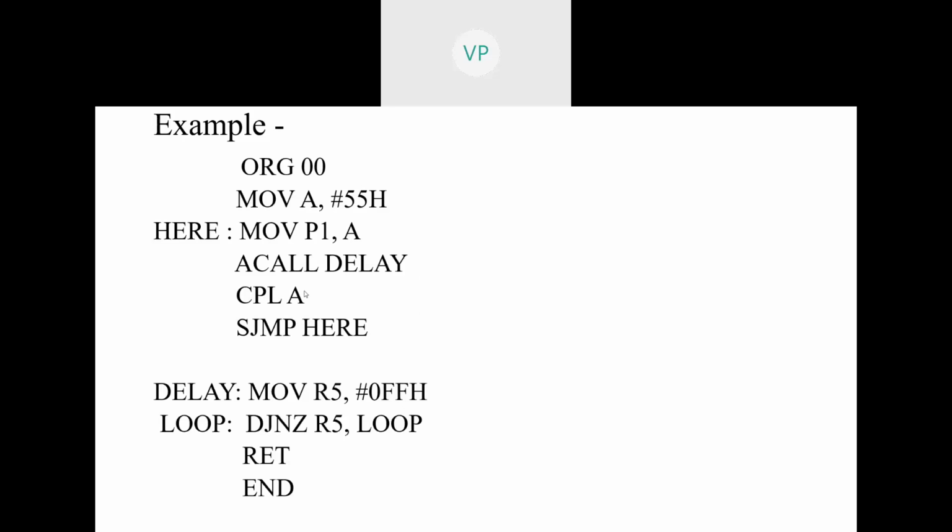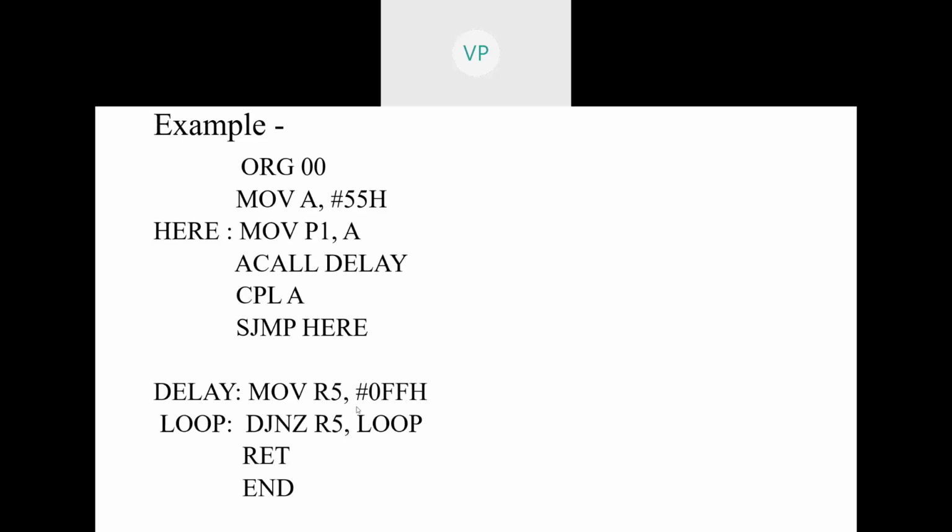Since we have a delay here, in the program code you have some memory address for that, and that address will be stored in the program counter, and it will execute this instruction.